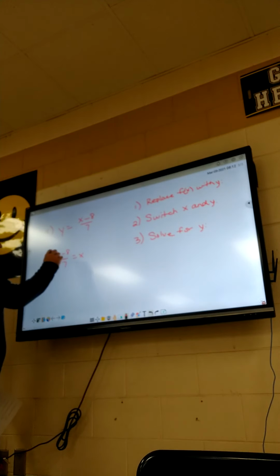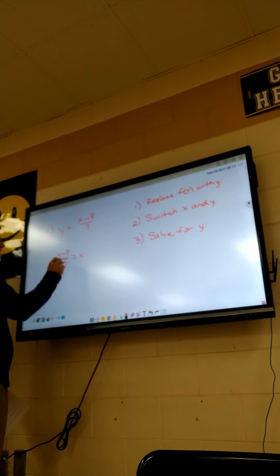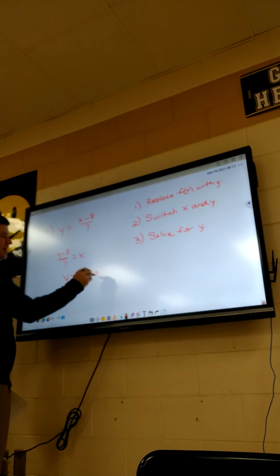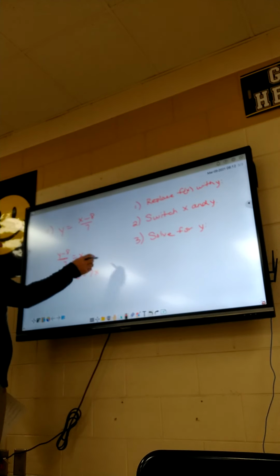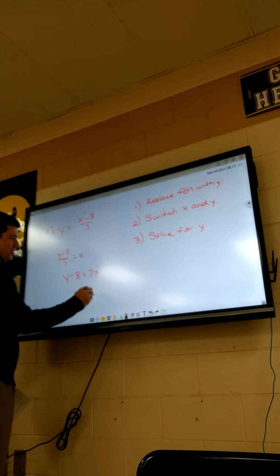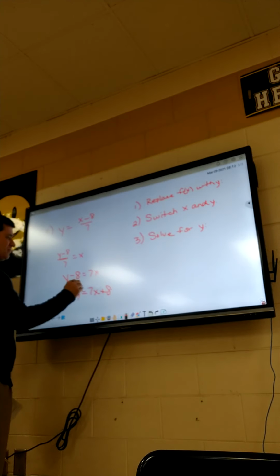So we got to move the 7 over first. Well, look, if they're dividing by 7, we got to times by 7. That's going to give me 7x. All right, last step should be pretty easy. Just move minus 8 over, make it a plus 8. And that is your inverse.